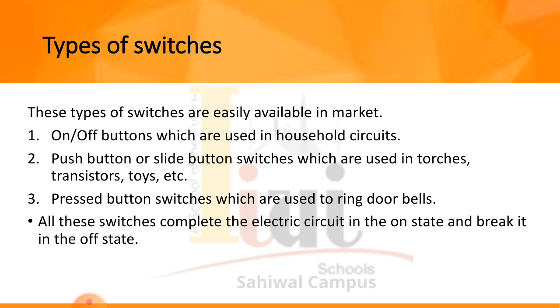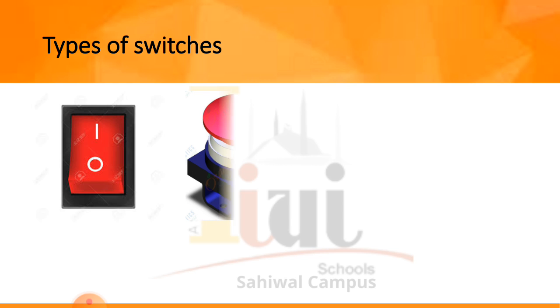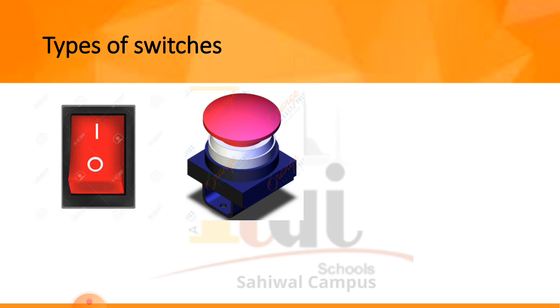All these switches complete the electric circuit in the on state and break it in the off state. So a switch is used to connect or disconnect the circuit. Now you can have some examples. The first one is the on and off button, which shows 1 and 0, showing that the switch can be on and off.